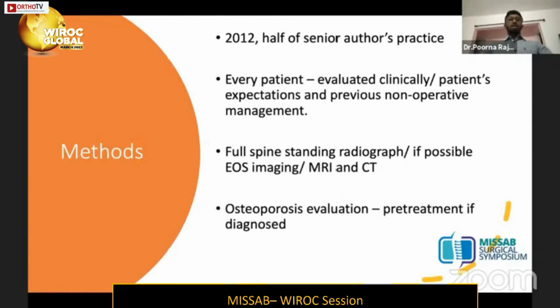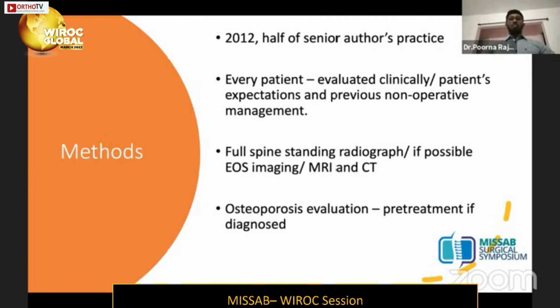So the method they used to formulate this algorithm: they have been practicing MIS in revision spine surgery since 2012, and half of the senior authors' practice is revision spine surgery. Every patient included in this study was evaluated with history and clinical examination, with particular regard to the patient's expectations and the previous non-operative management.